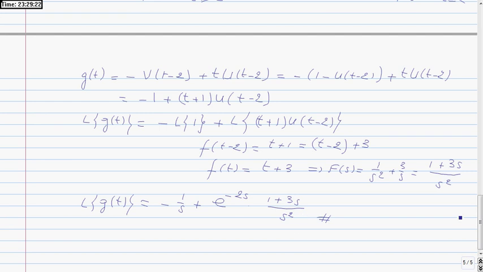But here there will be an option. I just say as option 2, you can still find the Laplace of the given function without going for the second translation theorem, because g of t is -1 between 0 and 2, and is t when t is greater or equal to 2. One way of finding the Laplace transform is just to go back to the definition. We have to integrate between 0 and infinity, but we split in two parts.